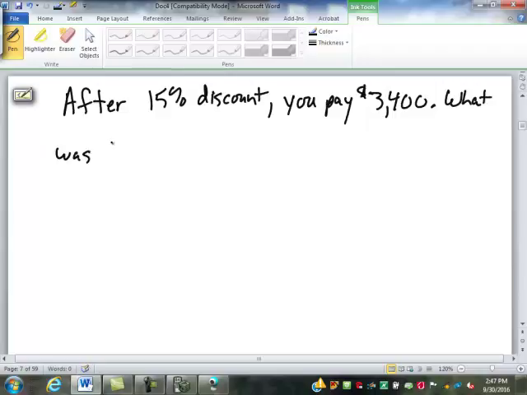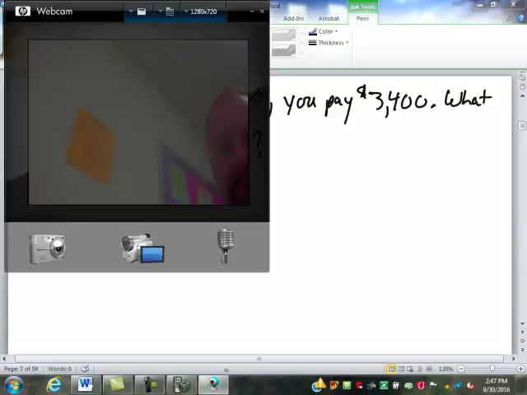What was the full price? In your notes, I want you to try to solve this quick. See if you can figure out what the full price was for this. If we paid $3,400 after a 15% discount.